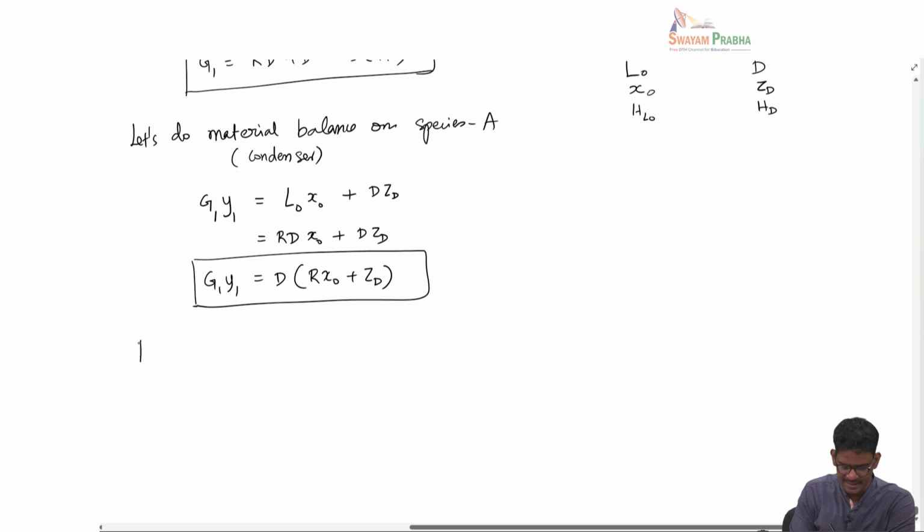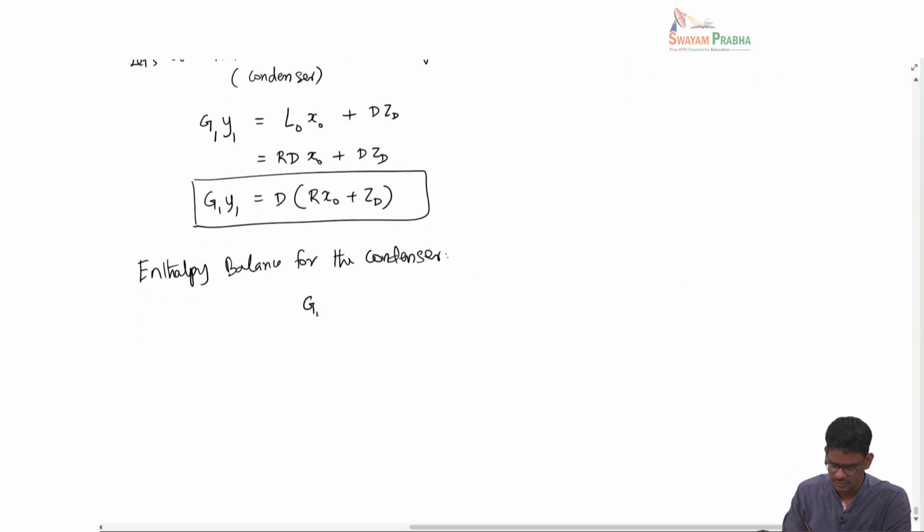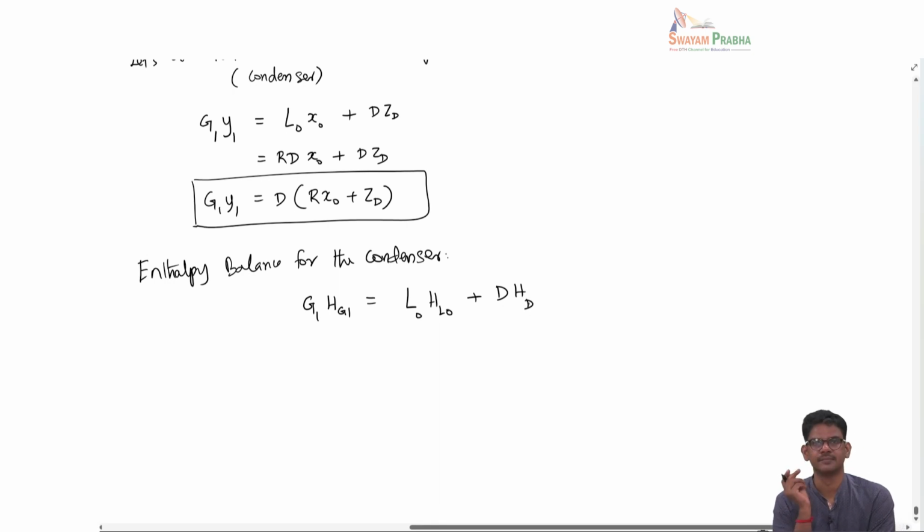Now let us do an enthalpy balance for the condenser. So the enthalpy of the vapor that is coming into the condenser is G1 Hg1, and what is leaving is L naught HL naught plus D times HD, right?